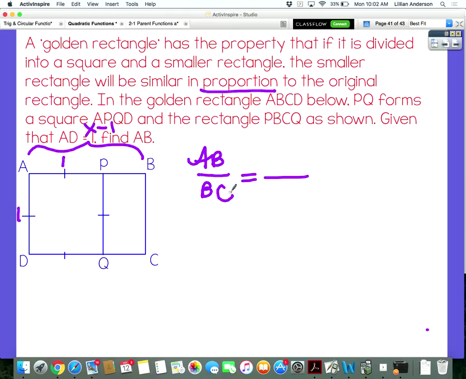And then one of the smaller sides of the smaller rectangle, like PB, would compare to one of the smaller sides of the larger rectangle, such as AB or BC. Now you already know what BC is, don't you? What's BC? 1.